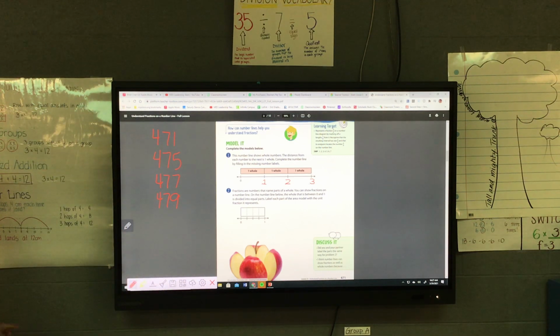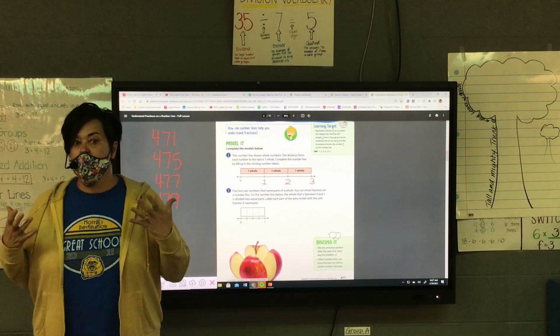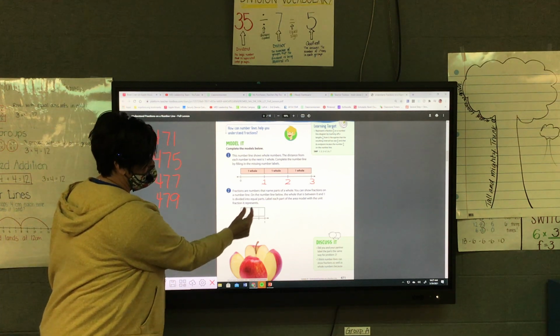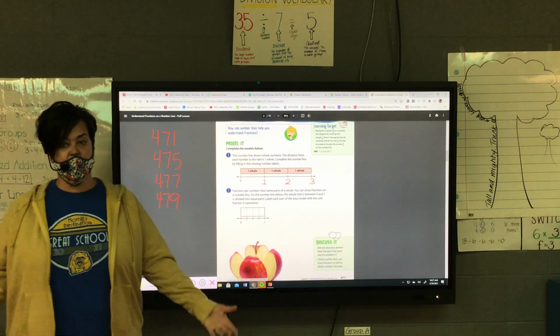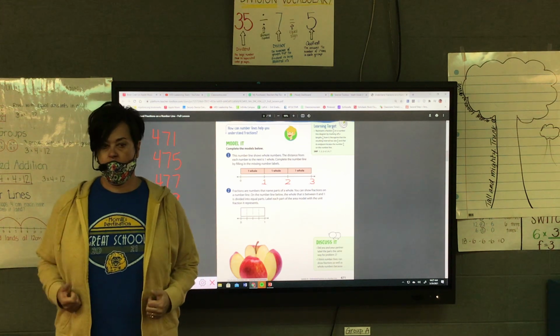So this is not new to those of you that worked through this last week. Let's take a look at this though. We talked about unit fractions. That's this part, this part, this part, and this part. First of all, how many equal parts are in this whole thing? 4.